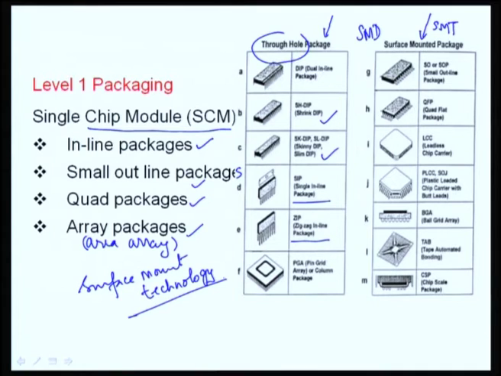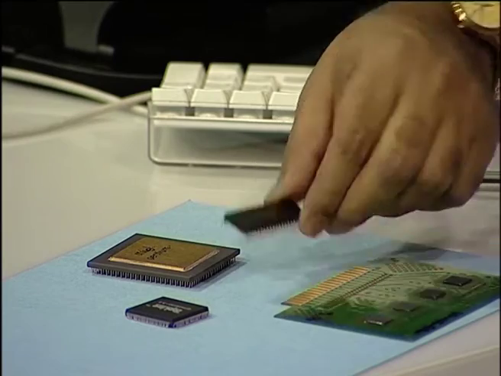Then we have what is known as a leadless chip carrier. So, if you look at this entire column of components, all of them are mounted on the surface of the substrate or the printed wiring board. So, leadless chip carrier. Then we have what is known as a plastic leaded chip carrier with butt leads. So, all of these leads, as the name indicates, are very short compared to the through hole packages where we have lengthy pins.